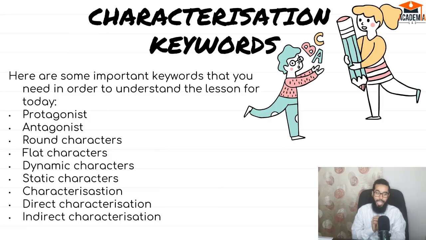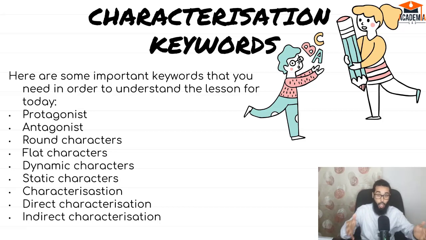Characterization keywords. Here are some important keywords that you need in order to understand the lesson for today or for tomorrow or after tomorrow, depending on the timing of the online lesson. First of all, we've got protagonists. Who is the protagonist?